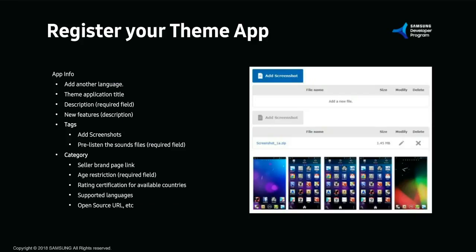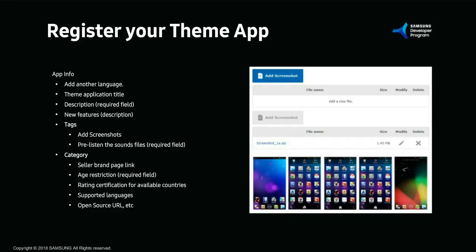Once you're signed in to the Seller Office and you've exported your APK or your theme design, it's time to upload it. The Seller Office account comes with a dashboard where you can type in all the information regarding your theme design.